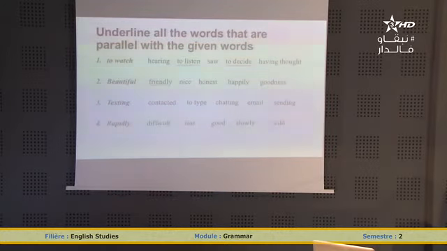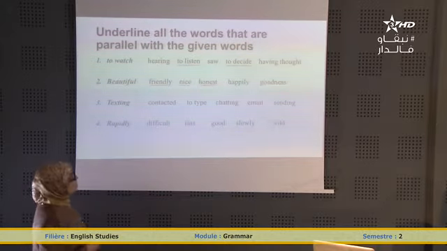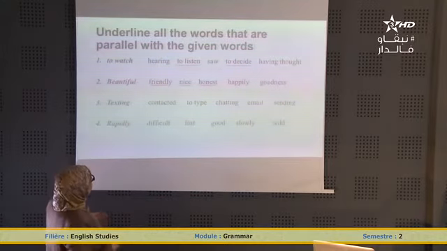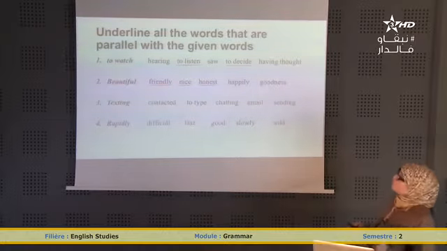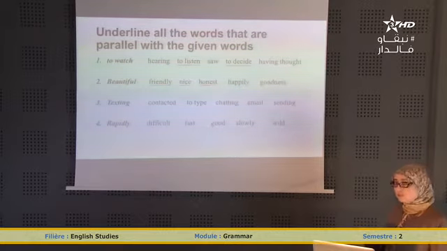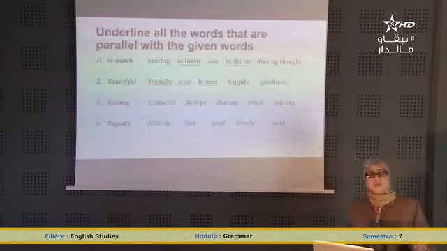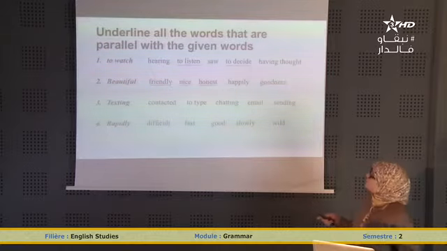For the second one, beautiful is an adjective, so the parallel structures are friendly, nice, and honest. Here you should be careful, because when we say parallel structure, we're referring not to the form, but more to the function in the sentence, as we said earlier.